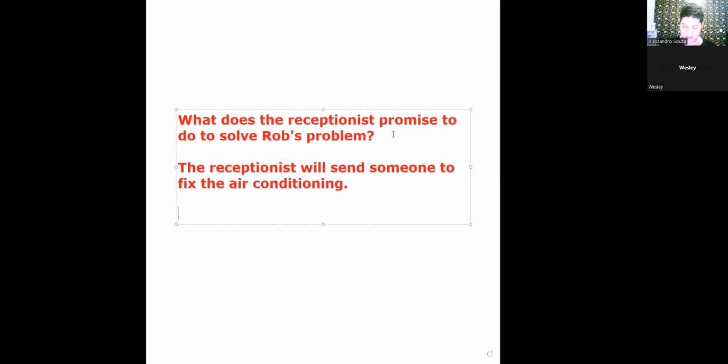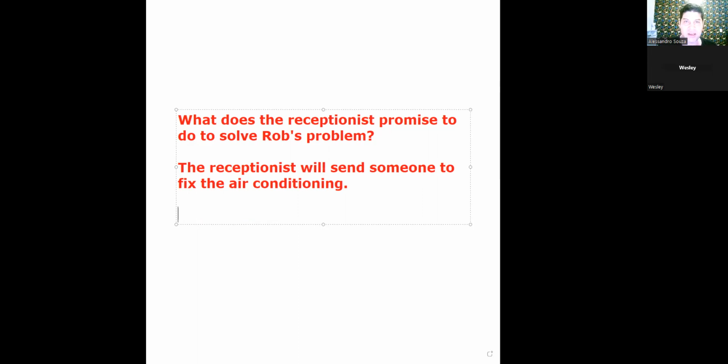Fix. So the receptionist will send someone or somebody to fix the air conditioning.